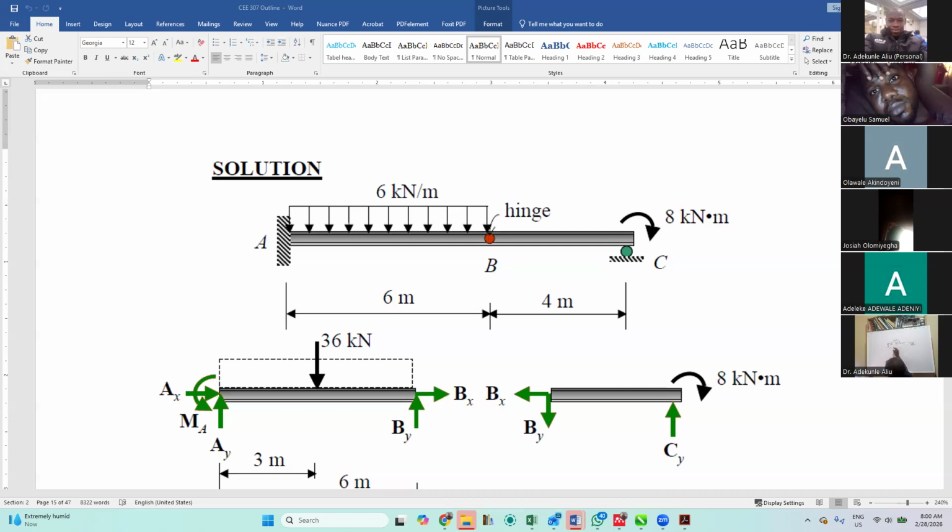This is 4 meters. Member B, A, and C. Now, I talk about sign convention. If I am moving like this, I have to establish whether it is positive.